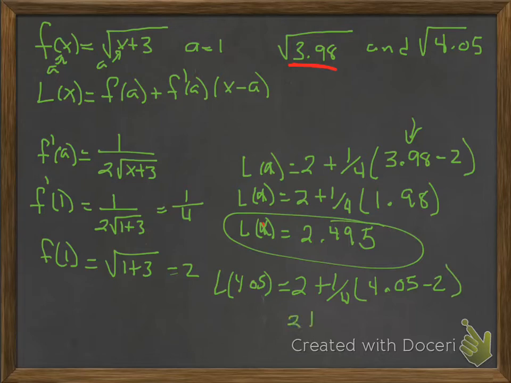And 2 plus 1/4 times 2.05 becomes 2.5125. And again, we can say we over-approximated because it's concave down.